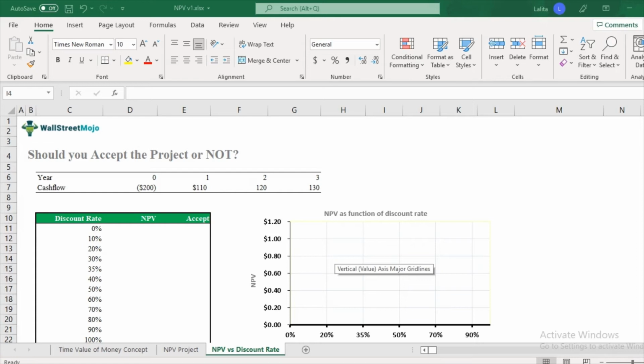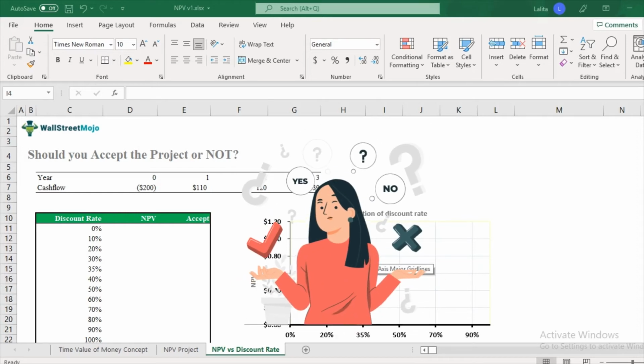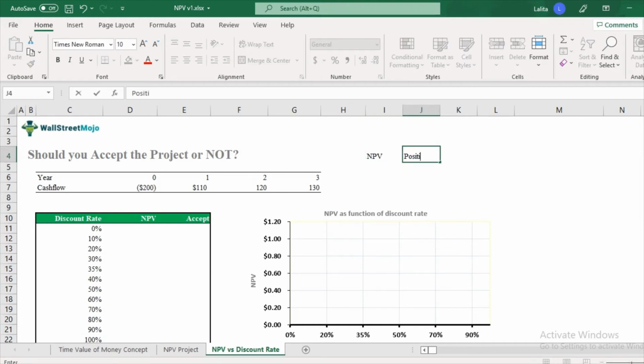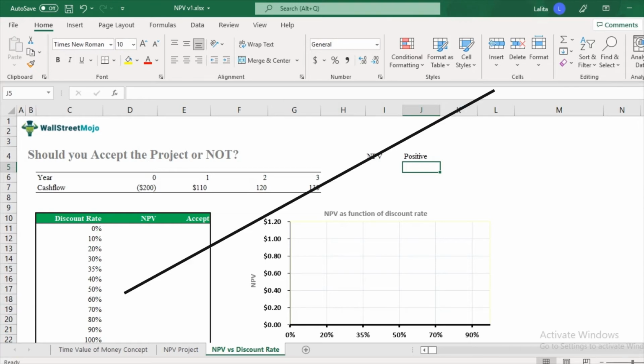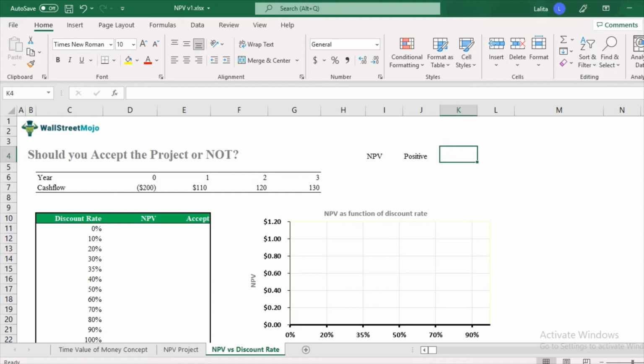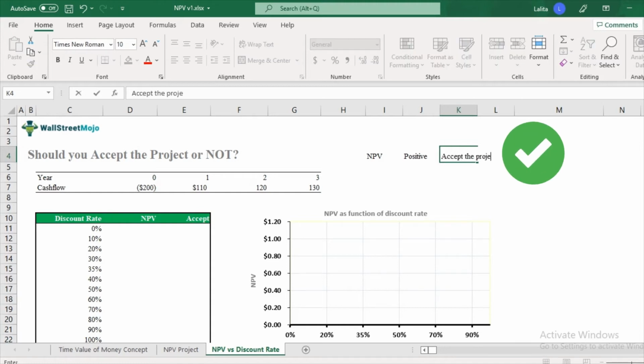The reason that we learn all about NPV, or the net present value, is that at the end of the day you should be able to understand whether you should accept the project or not. Here you follow a simple rule of thumb. If the NPV is positive, it means that your present value of expected cash inflows is more than your cash outflows, and that means you should accept the project.